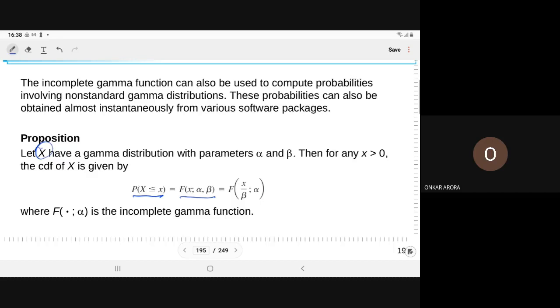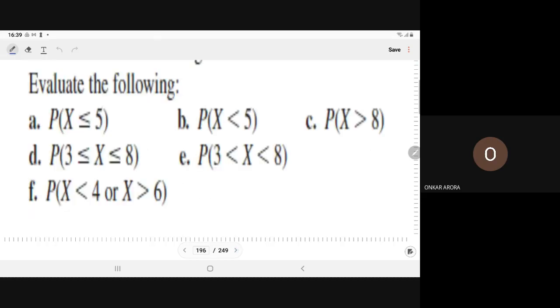It means that if you divide the observed value by beta, it will convert into the standard gamma variate. So x upon beta for the parameter alpha only. Here F is the incomplete gamma function. So now for any combination of alpha and beta, you can determine the required CDF.